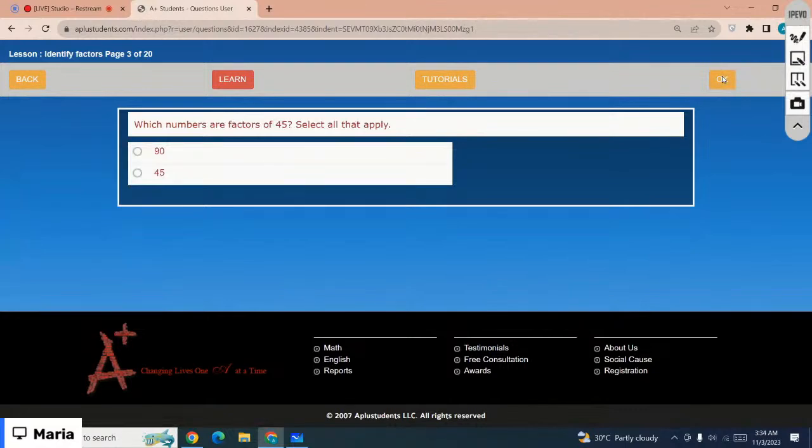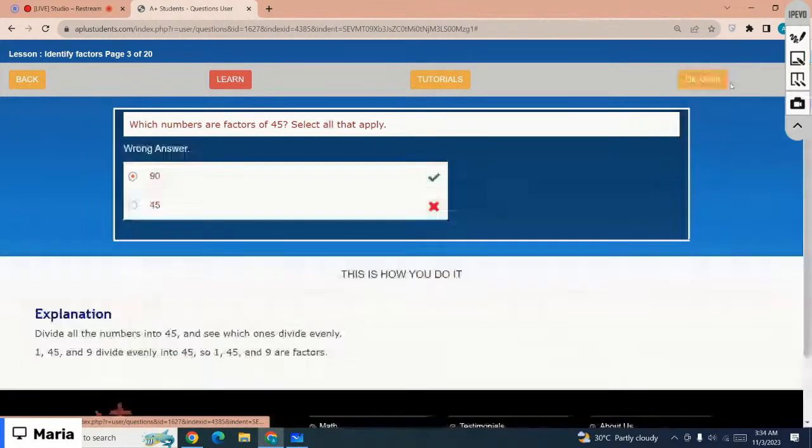Which numbers are factors of 45? Select all that apply. So which is the correct option? Factor of 45 is 90? No. Factor of 45 is 45. 90?